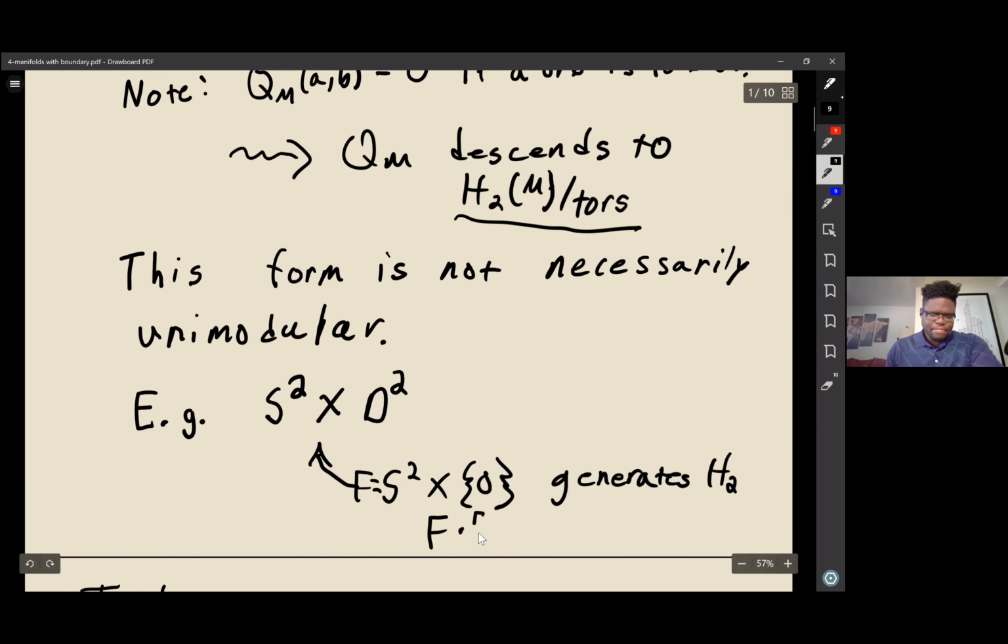But if we take the oriented intersection number of F with itself, we can push this copy of S2 off of itself completely so that it's disjoint from the original. This will have pairing 0. So here we might represent this as a matrix by just the 1-by-1 matrix whose lone entry is 0.